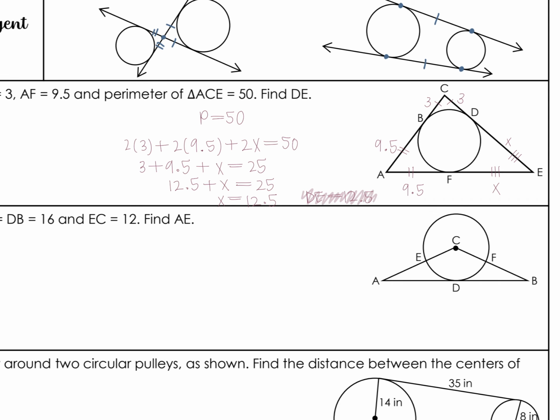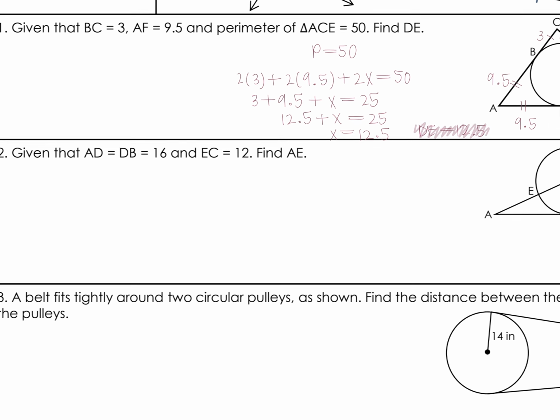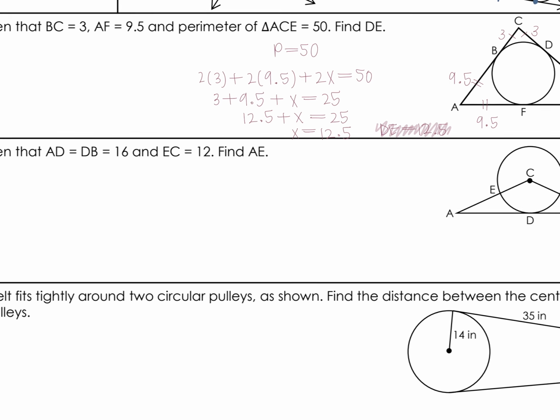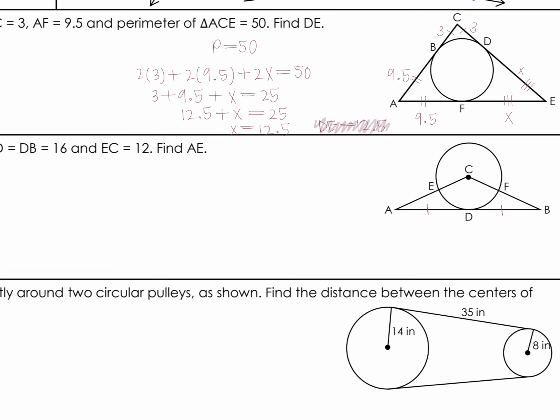All right, now let's move into number 2. So in number 2 here, we are given that AD is equal to BD, which is also equal to 16.